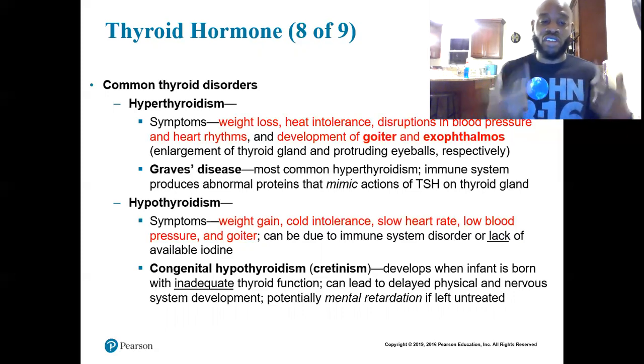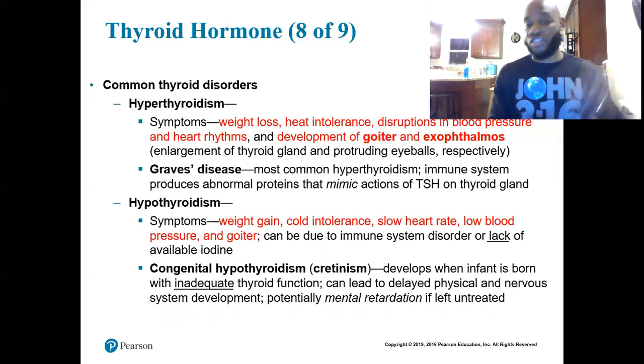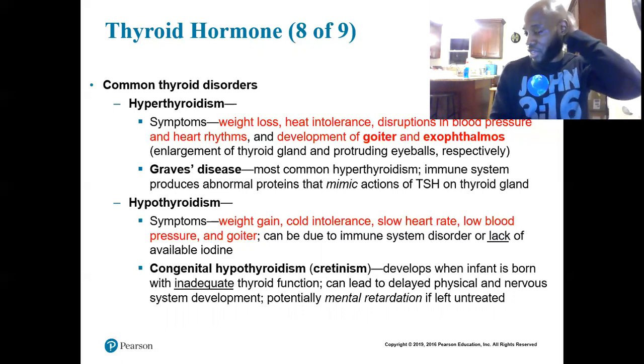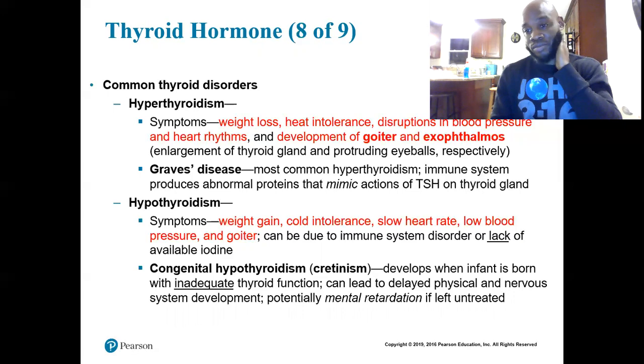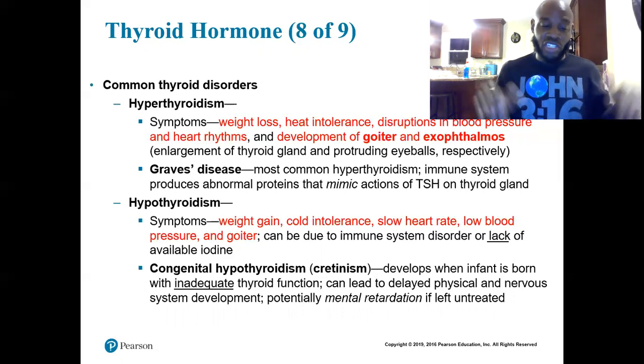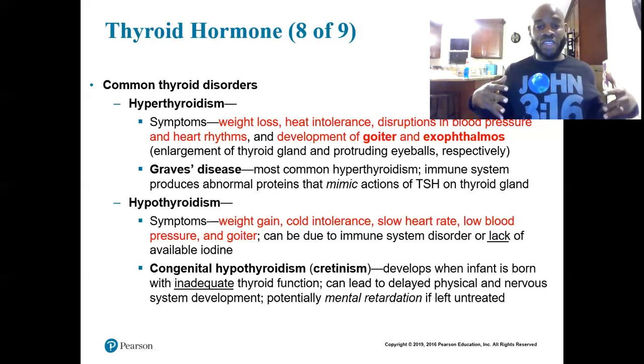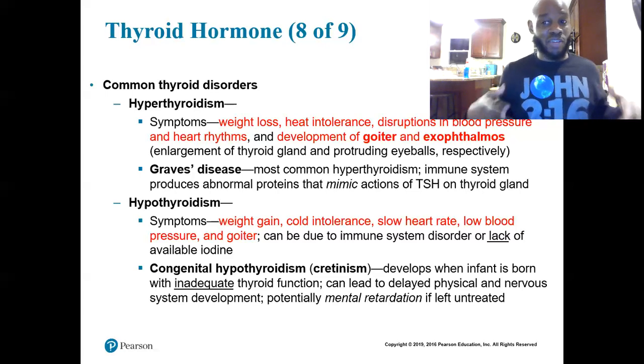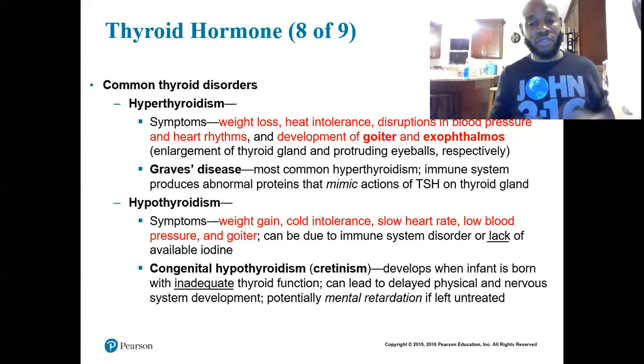You don't produce enough T3 and T4. Therefore, you have a slower metabolism, and your body gains more weight. Also, you have a cold intolerance. Remember, producing T3 and T4 means that my body can warm up, but if I'm producing too little, now when it gets cold, I can't get warmer. So I'm intolerant to cold.